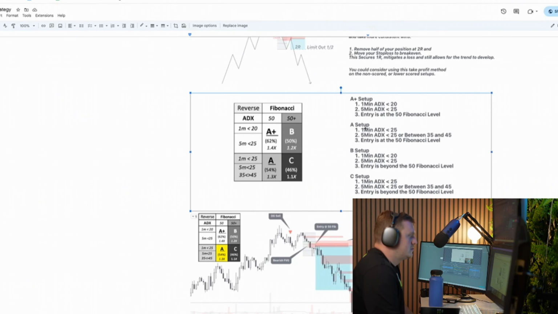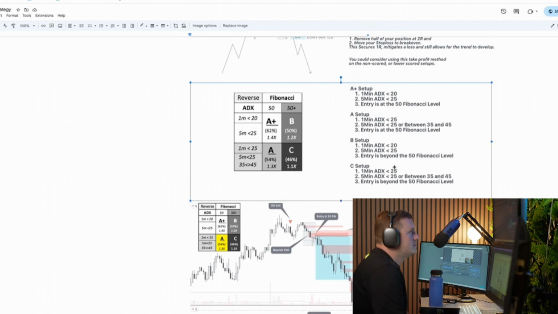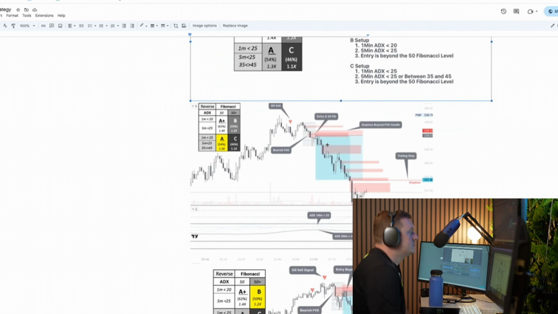An A setup is 1 minute under the ADX 25, 5-minute under the ADX 25, or between 35 and 45, with entry at the 50% Fibonacci level. B setup, 1 minute under 20, 5-minute under 25, with entry beyond the 50% Fibonacci level. And then C, you don't even want to take that.